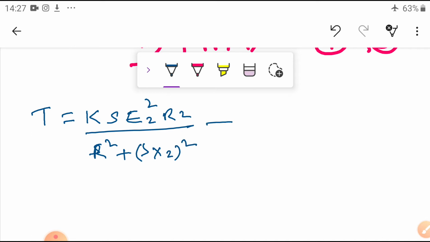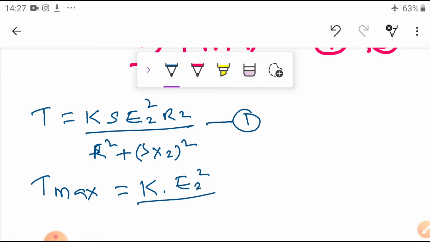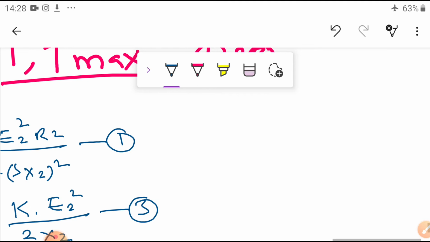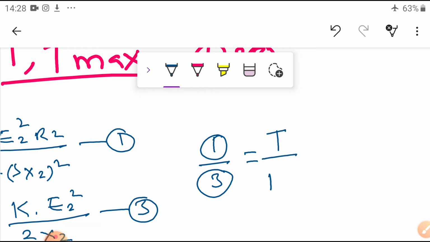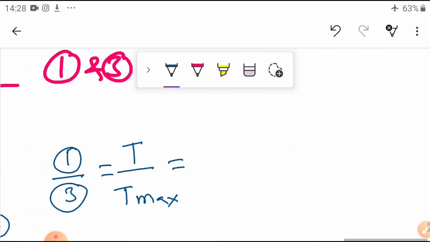This is the first equation. And T max is equal to the same constant into E2 whole square by 2 X2. This is the third equation. Now write 1 by 3, that is T full load by T max. Then I am going to write it.